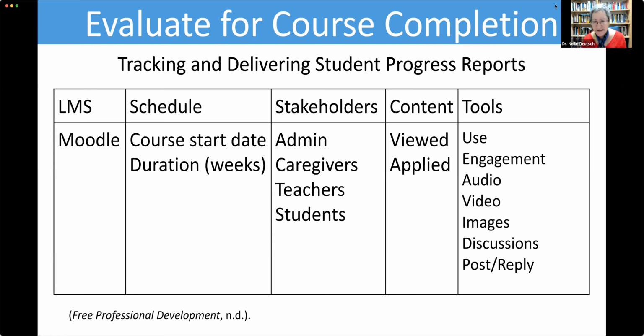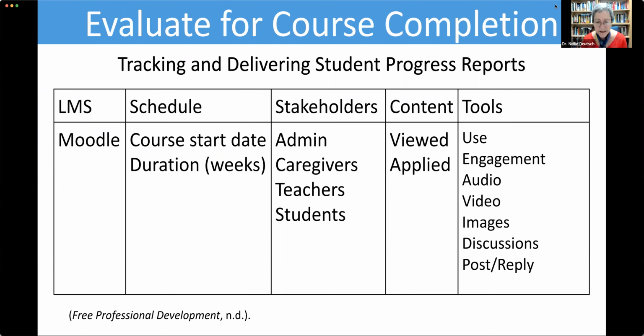This is a tracking system. I'm going to refer to Moodle and show you some of the ways that you can evaluate the course based on various student reports and general reports. I hope that you're getting these reports, that the admin of your Moodle is allowing teachers to see them, but I'm not sure.